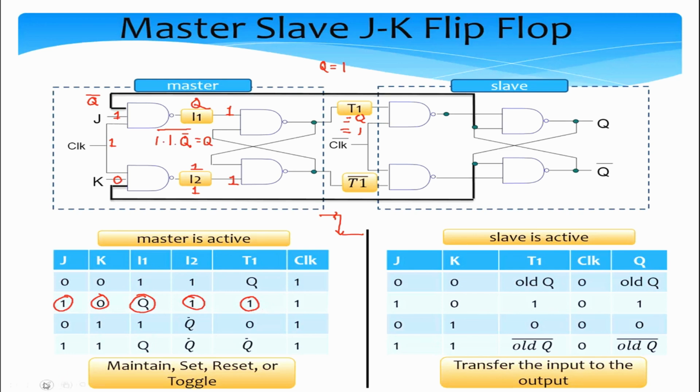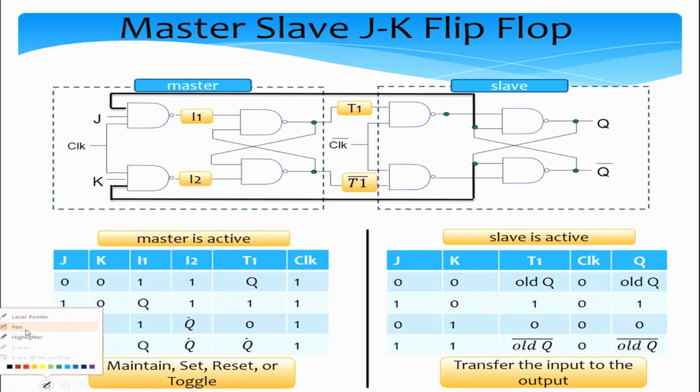Now let's consider the next combination, in which J is equal to 0 and K is equal to 1.